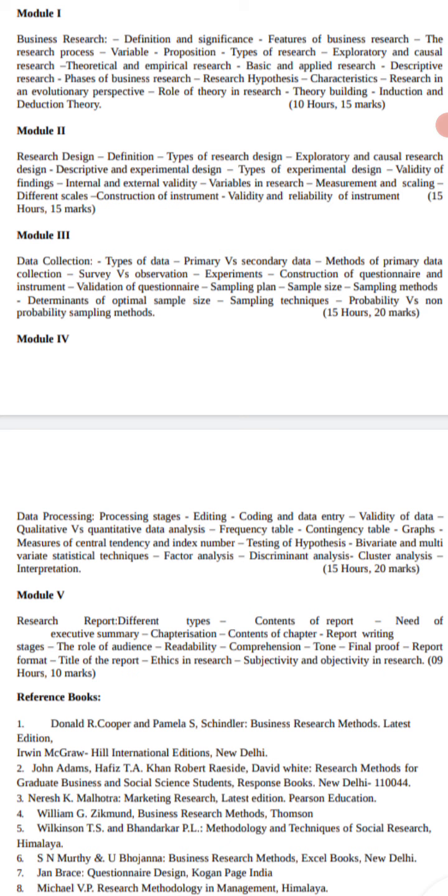So module 5 is research report. Its different types, the contents, need of executive summary, chapterization, contents of chapter, report writing stages, role of audience, readability, comprehension, tone, final proof, then report format, title of the report, ethics in research, subjectivity and objectivity in research. Okay, these are the five modules that we have to cover in the fifth semester.